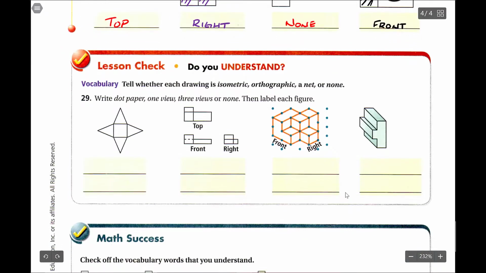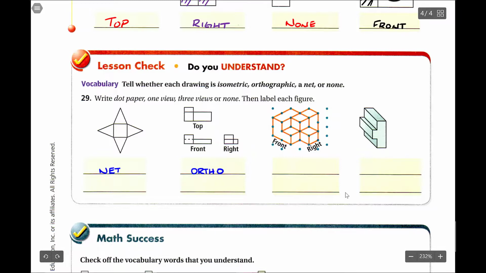And then the last part of our notes here, we're going to finish up. We're going to write down first whether or not these are isometric, orthographic, a net, or none. So let's do that first. And this first image is an exploded three-dimensional shape, so that means that it is a net. There's our dogs barking. The next image we have, that goes back to our previous example here, we have the top, front, and right views, so that is going to be an orthographic.